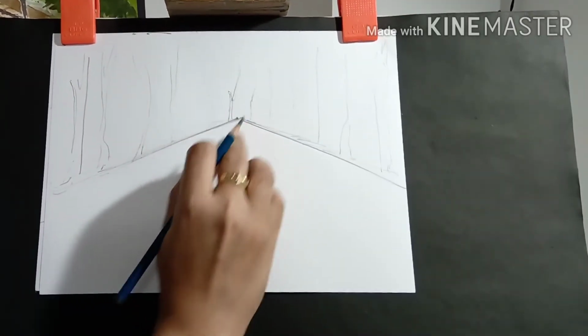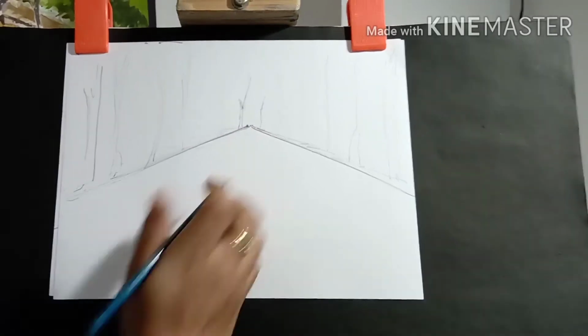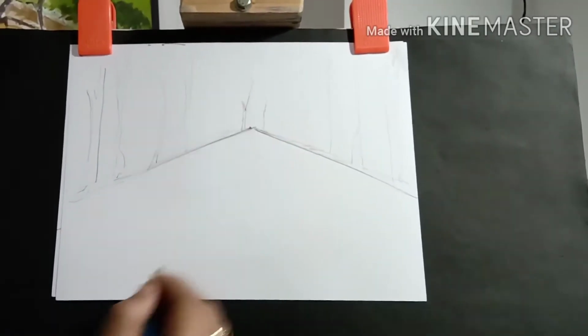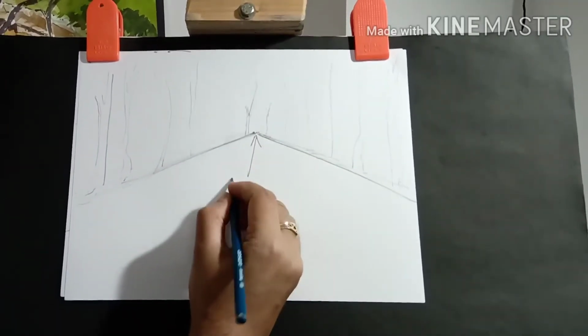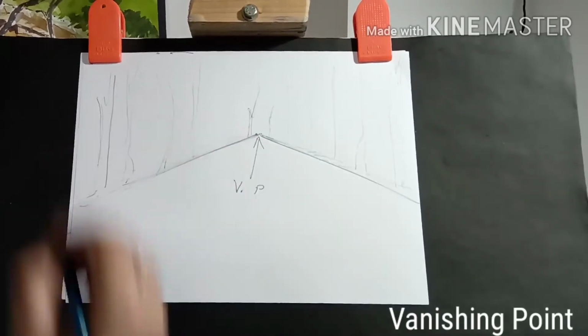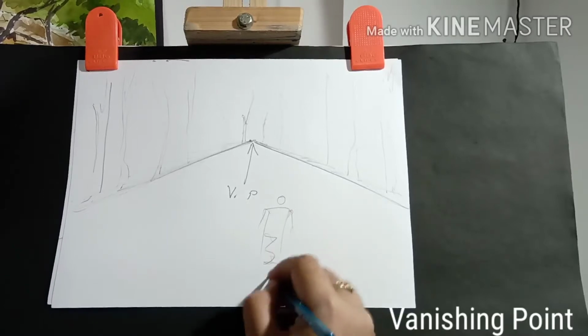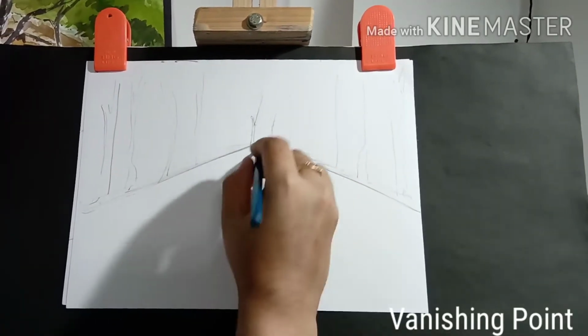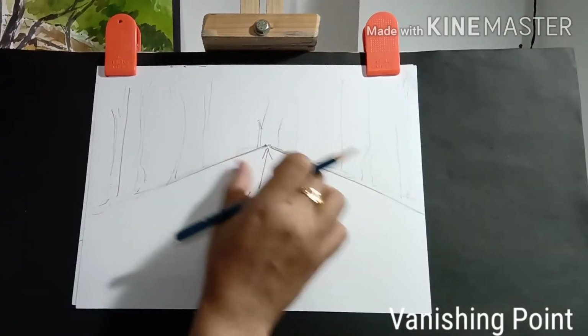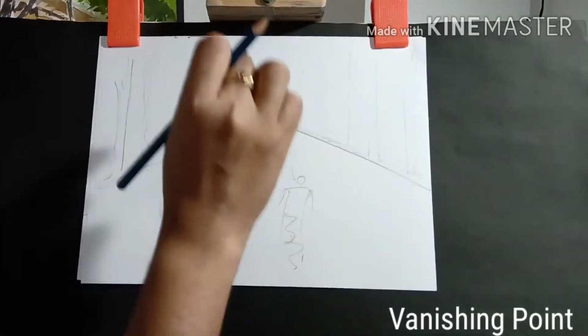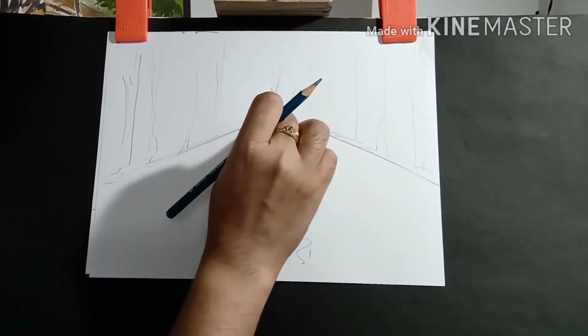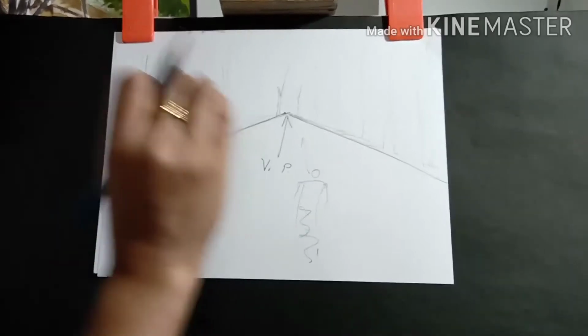It is not an original point, but it looks like a point. This point is called vanishing point. If we stand in the middle of the road, then we can see these two lines are going to meet in one point, but if we want to touch that point, we cannot touch any point.